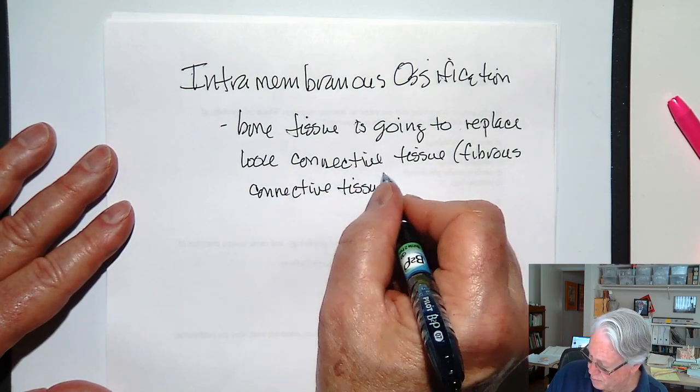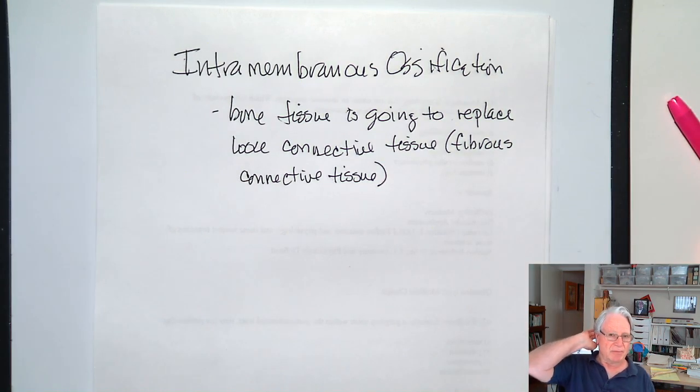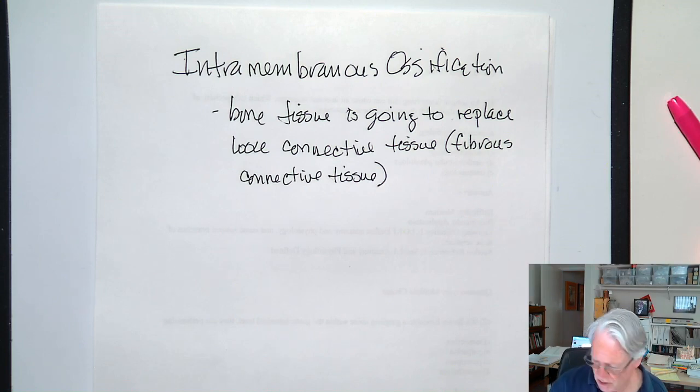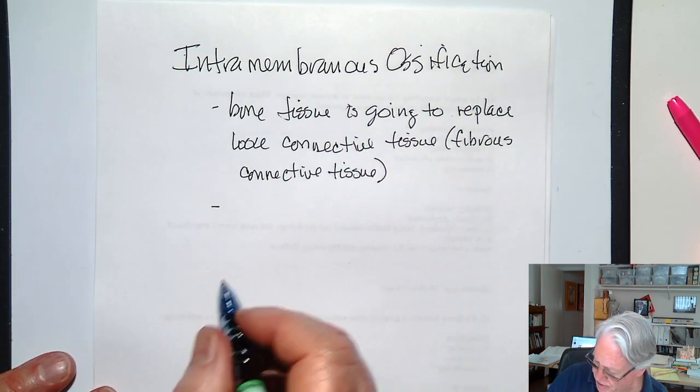So basically we're going to build a small version of the bone that we want to make out of this loose connective tissue or fibrous connective tissue. And then we're going to go in and replace that with actual bone tissue. Okay? Some examples of where you can see this are the fontanelles.